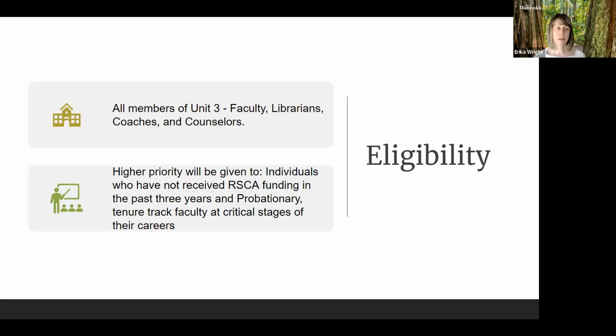So again, if you're a faculty who has received RSCA within the last year, or you're not a beginning faculty, you're still welcome to apply. It's just that given in the final decision-making process, some priority will be given to individuals who are in those two categories.